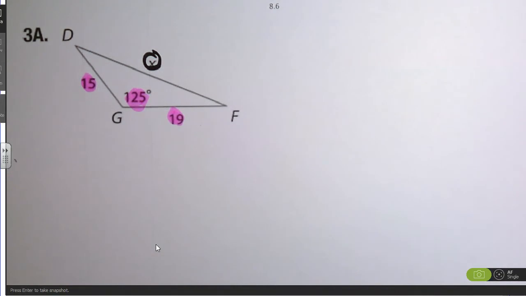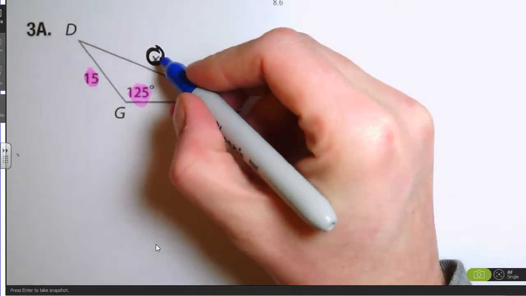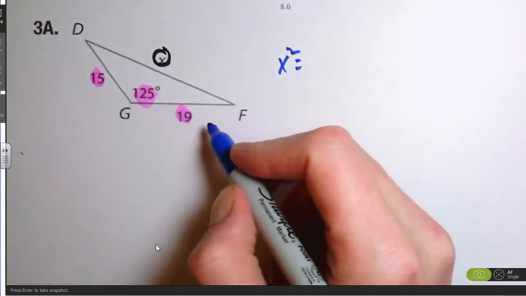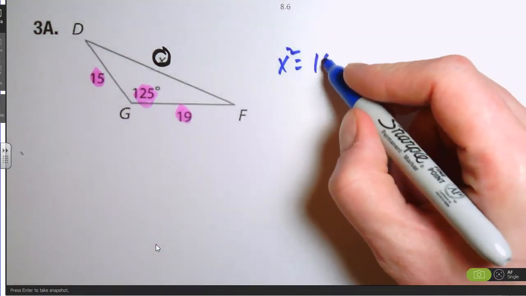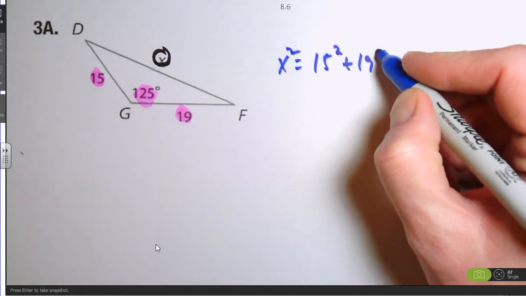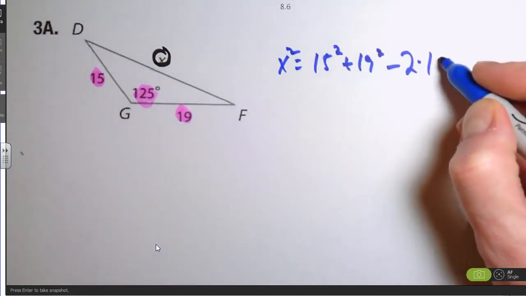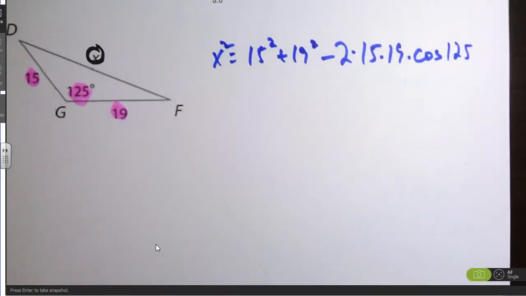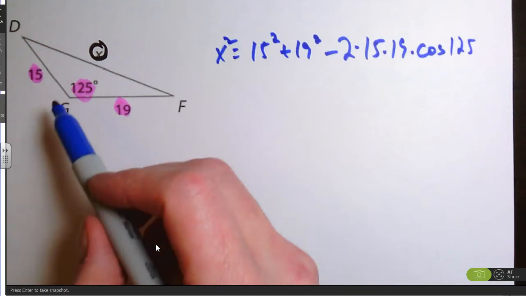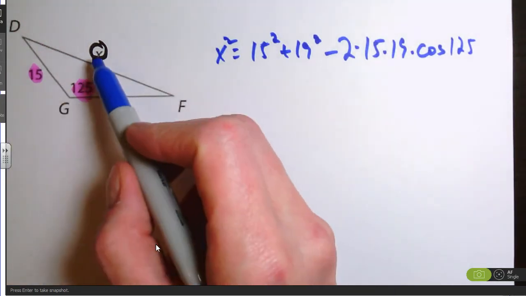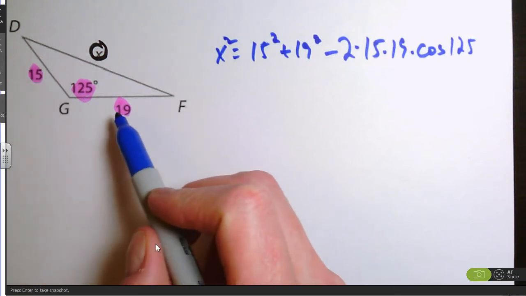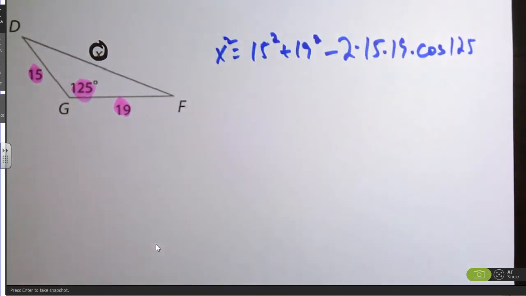So what I can do to solve for x then is, this side squared equals a squared, I know b squared, whatever I'm going to think of it as, so 15 squared plus 19 squared minus 2 times 15 times 19 times the cosine of the angle between those guys, 125. Okay, so angle, side, I'm looking for this one. This squared plus this squared minus 2 times this times the cosine of that angle gives us side x.